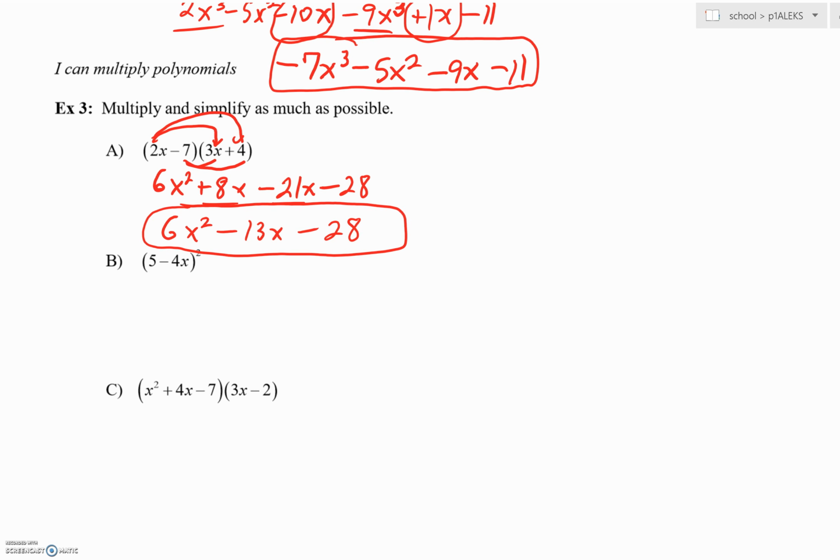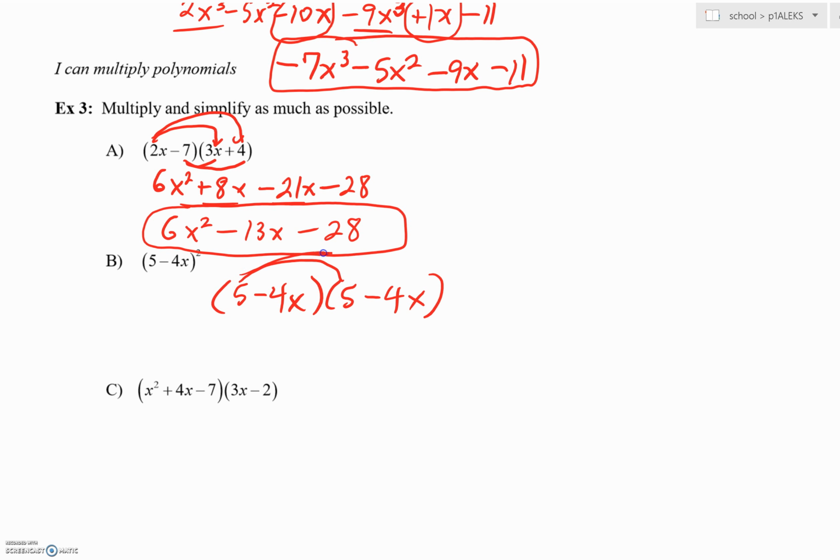For letter B, whenever you have something squared, please watch out. This is the problem where I think if we rush through this a little too quickly, we're going to make a mistake. Don't just think that you're squaring the first term and the last term. Squaring really means multiply to itself. And that means FOIL.